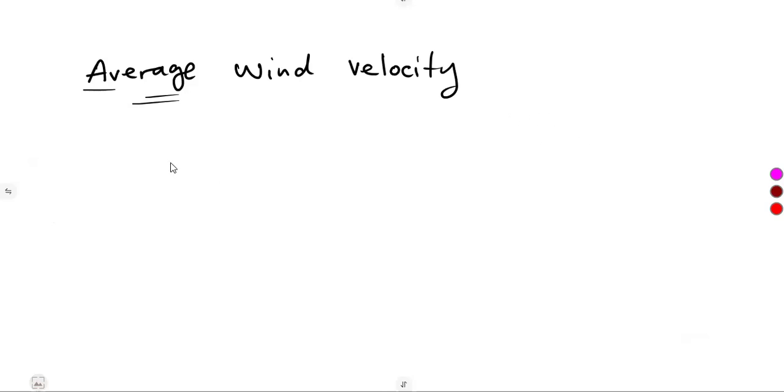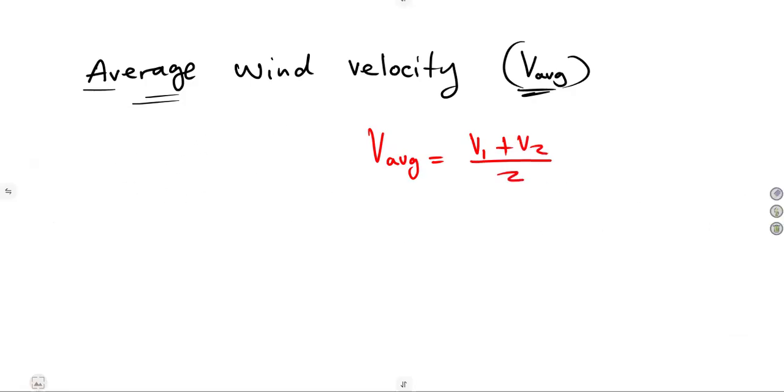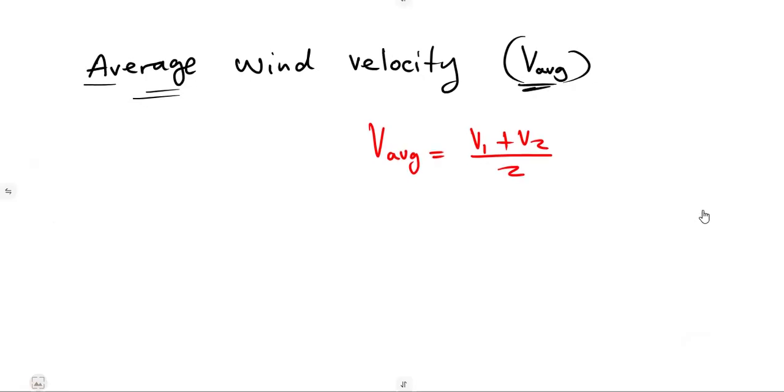So there must be the initial and the final, so that the average velocity can be calculated. It therefore follows that the average velocity is simply the sum of these two, divided by what? By 2.